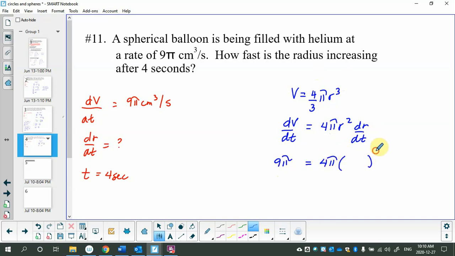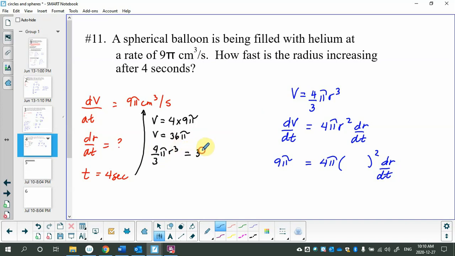I need something here because the only unknown I need is the dr by dt. So we have to do what we did in the first question, and this is going to be harder. If this is 4 seconds, the volume will be 4 times 9 pi. So the volume is 36 pi. But that doesn't tell me the radius that I have to drop in here. So I have to use this formula, 4 over 3 pi r cubed is equal to 36 pi.